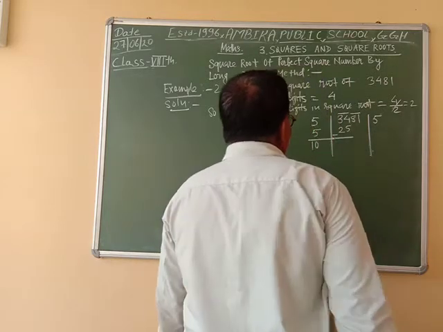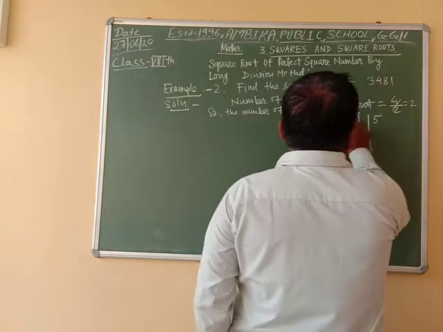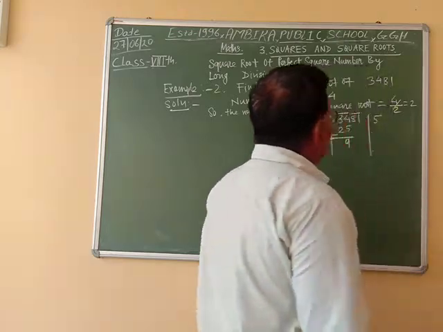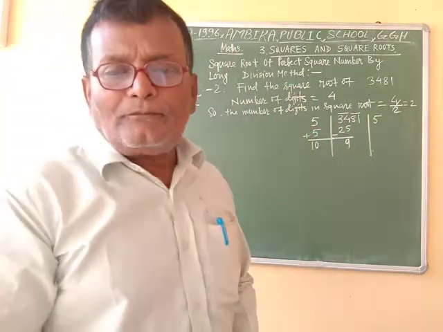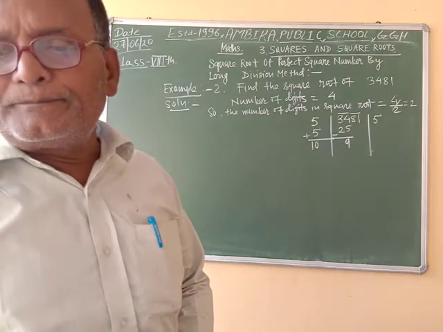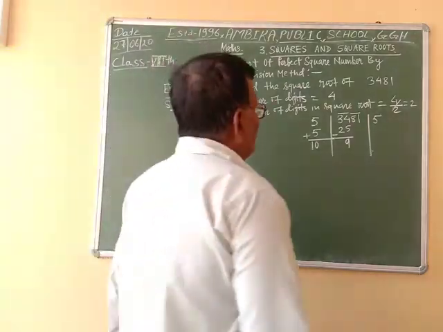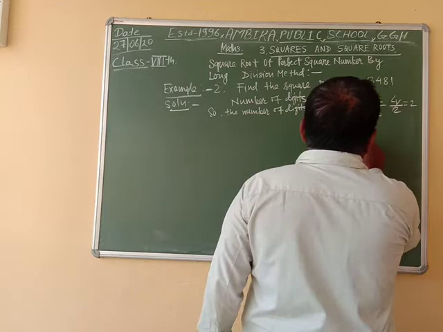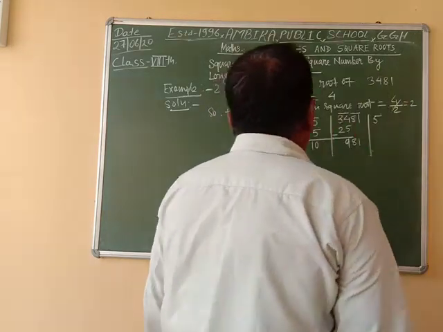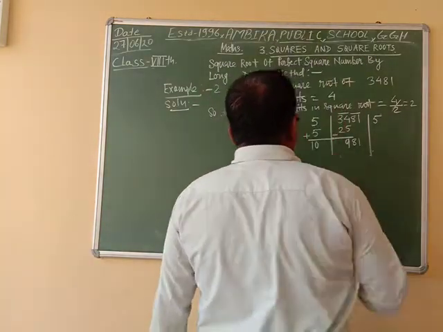Here we add 5 plus 5 is equal to 10. On subtracting, we have 9. Now here remainder is 9. Thus, here we write 81, last pair, and divide it by the given number.